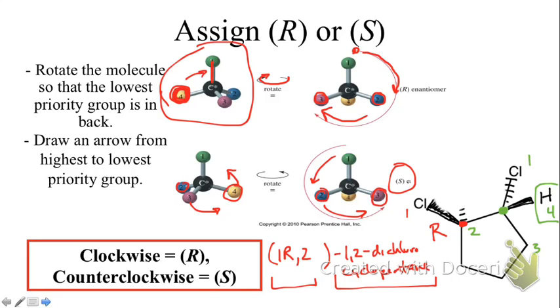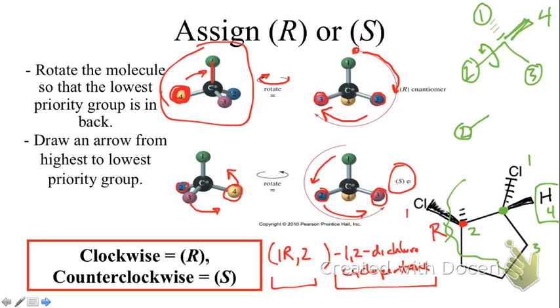At this point it does not matter what the rest of this structure is. What I tend to do is redraw it where it's simplified, where I get 2, 3, there's my 4, there's my dash going back to the 1. So I could redraw to get that into the correct configuration. For me, I would rotate about my carbon 2 bond.